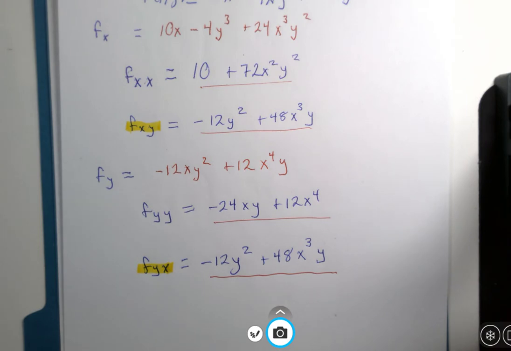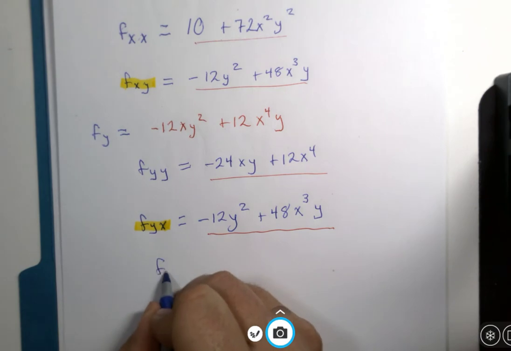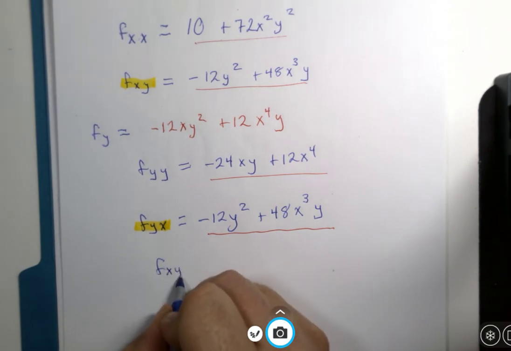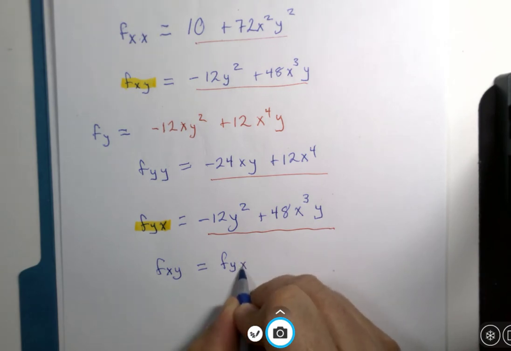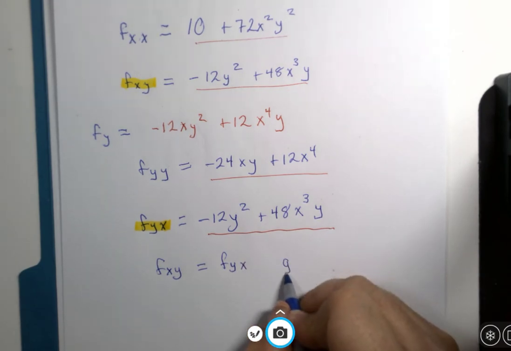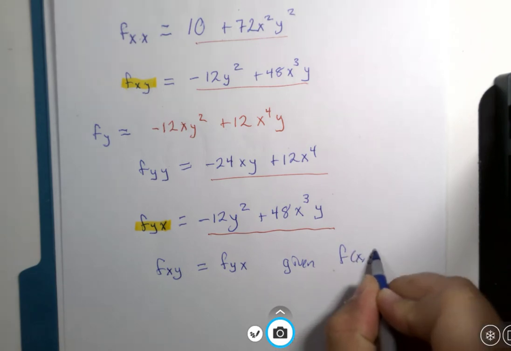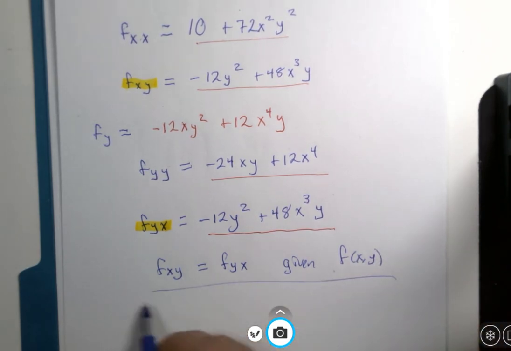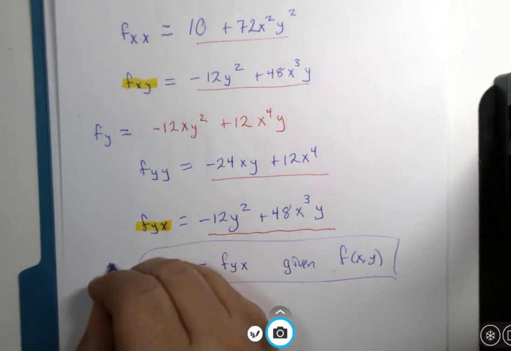And we won't prove it in this video segment, but it turns out to be a fact that the partial with x and then y will be equal to the partial with y and then x, given some function of x and y. We won't prove it right now, but this is sort of an important little fact.